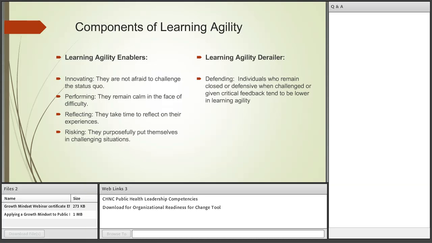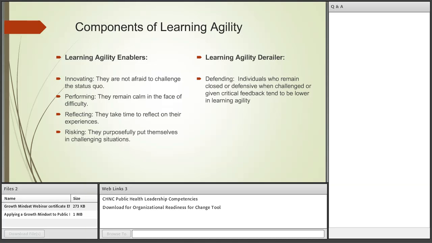Often innovating requires you to put yourself in new experiences, and it provides a different perspective to an agile learner and grows one's knowledge base. So that's critical. Innovating also allows agile learners to look at issues from multiple angles and perspectives.